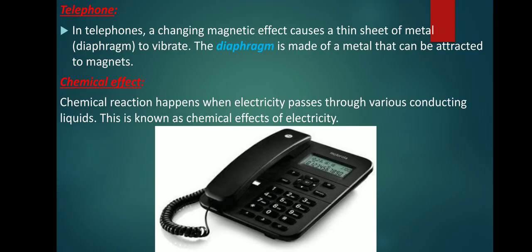Then when those signals are sent to another person's earpiece, which is really just a microphone in reverse, they cause the magnet to move up and down in the same pattern. The earpiece is connected to a diaphragm that also moves up and down, recreating the sound and allowing the listener to hear what the speaker has said.